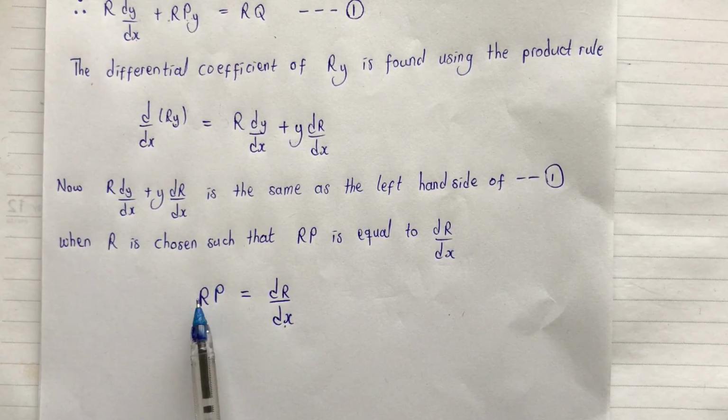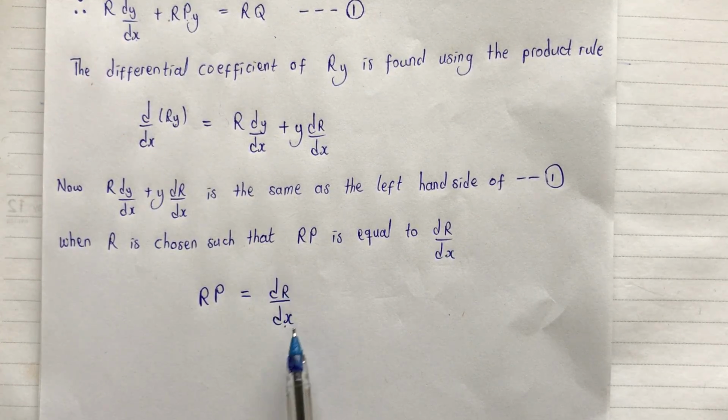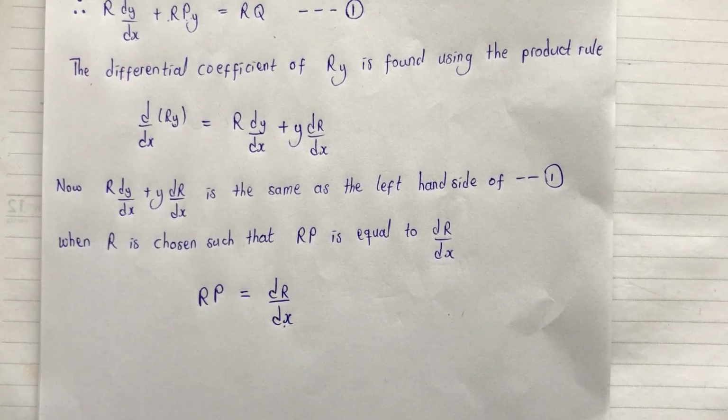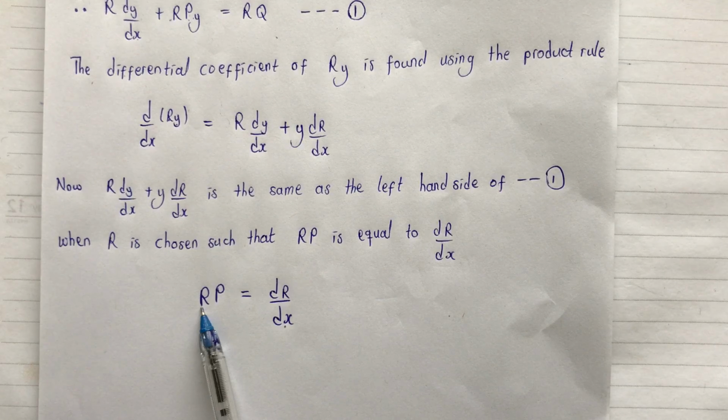So we are only interested in the result Rp equal to what? dr dx. Now we can separate variables, and let's see what will happen. Separation of variables means we are grouping the function in terms of the variable x and in terms of the variable r. Remember, I'm using r to represent the integrating factor.